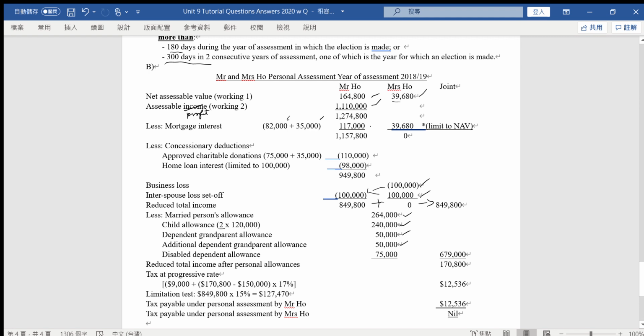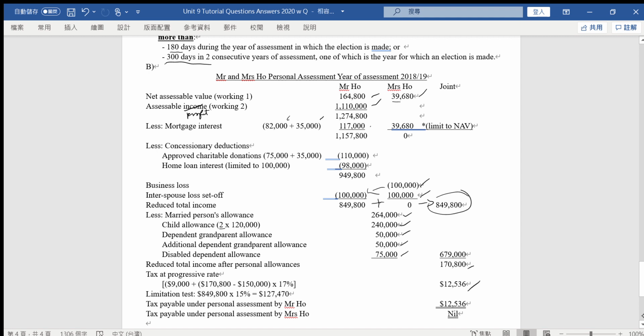And then disabled, okay, that's why disabled dependent allowance. Finally, that will be the figure used to calculate the progressive rate tax payable amount, and that will be 12,536.